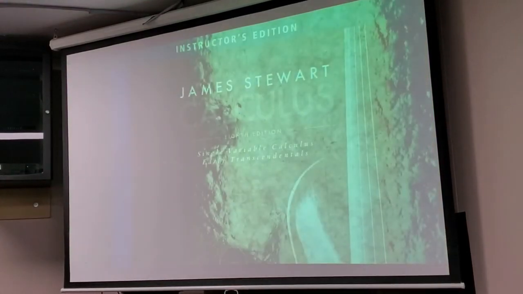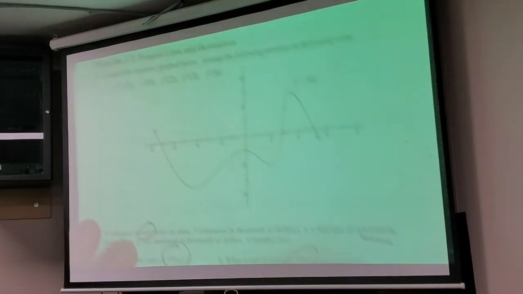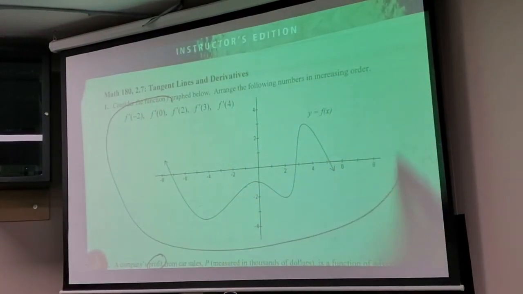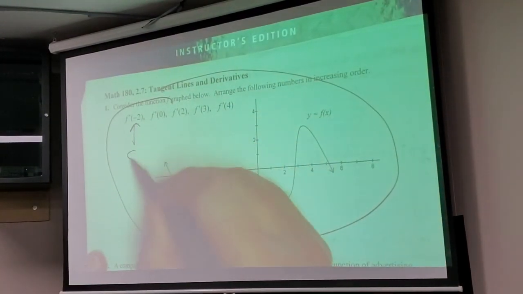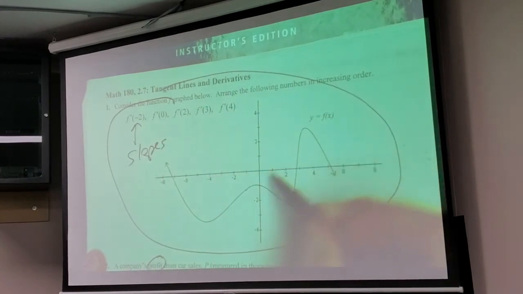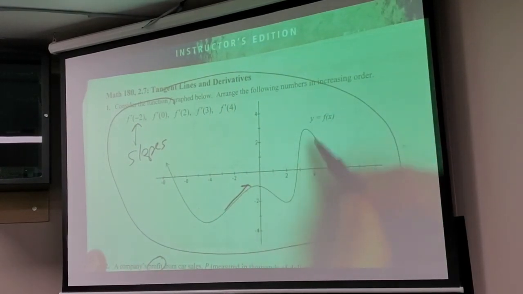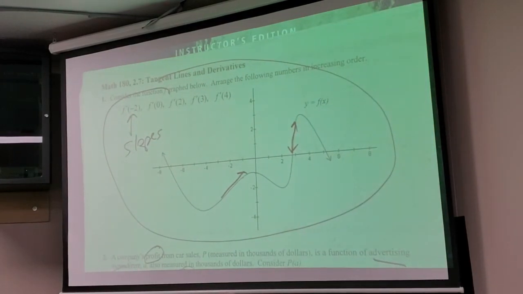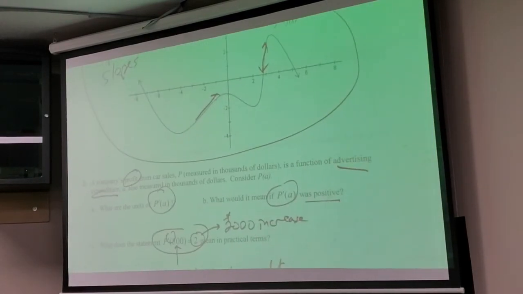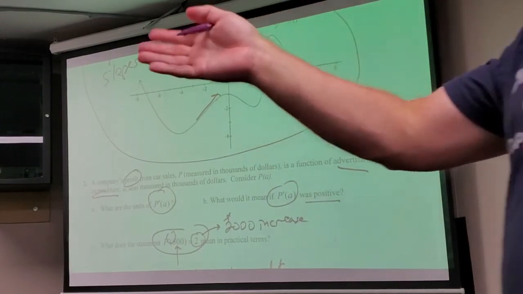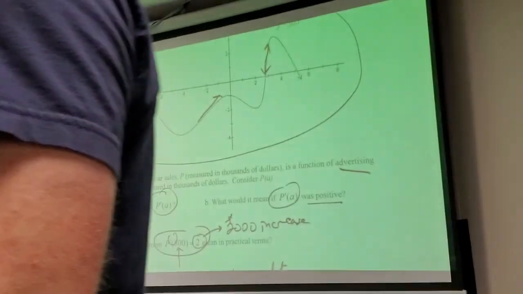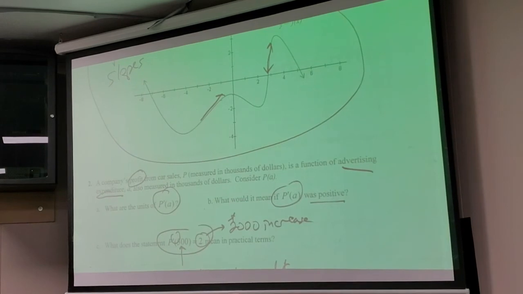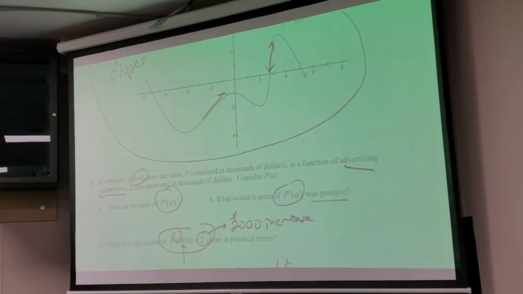I'm not going to be too specific about this kind of stuff. But this one we should definitely be able to do. This is all about slopes. So all you have to do is keep your eye on what the slope looks to be at those points. And then the units idea, that's from algebra. You always had to figure out what the units were when you did a slope of something. It's just the y units divided by the x units. Okay.